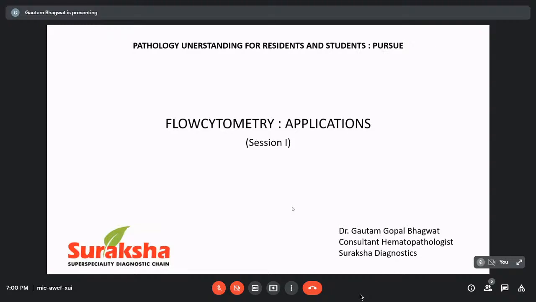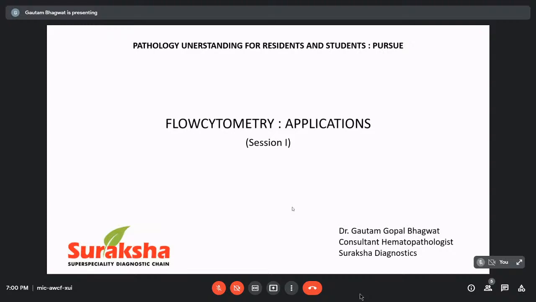And once again, I would like to thank Dr. Nadeem for giving me this opportunity to talk on flow cytometry throughout the entire three sessions. The first one was around 1.5 months ago, in which I talked about the basics of flow cytometry, in which we went through the fluidics, the optics, and the electronics of flow cytometry.